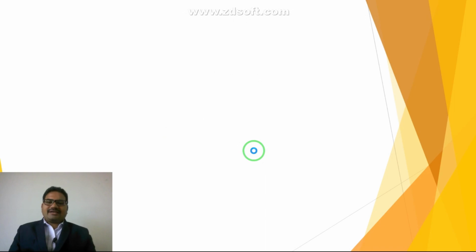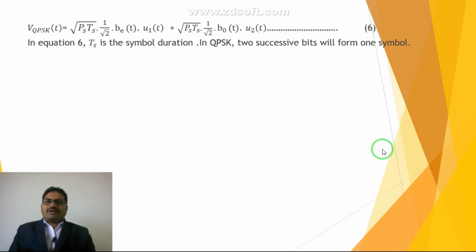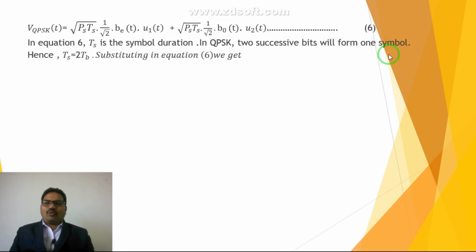Make it as equation number 6. Now from this equation, Ts is nothing but your symbol duration, and in QPSK two successive bits form one symbol, and hence Ts is equal to twice of Tb.